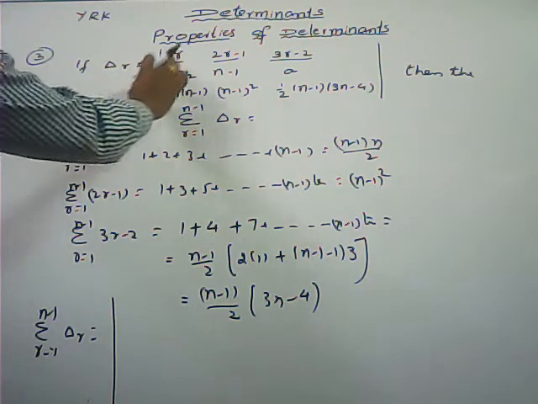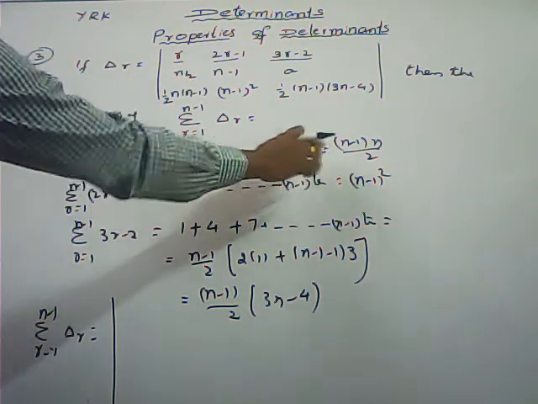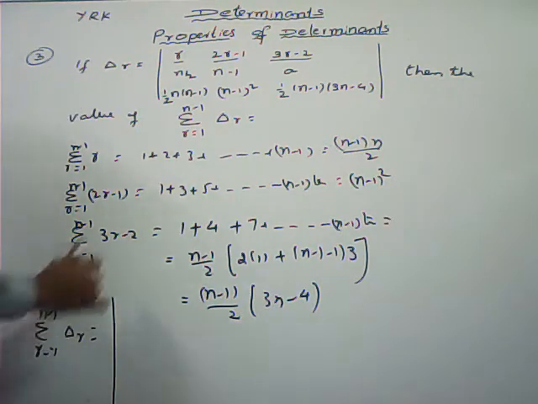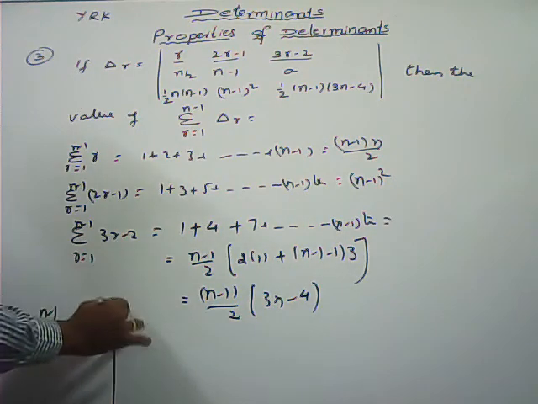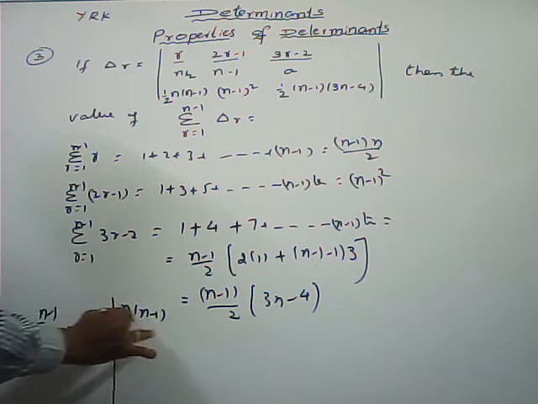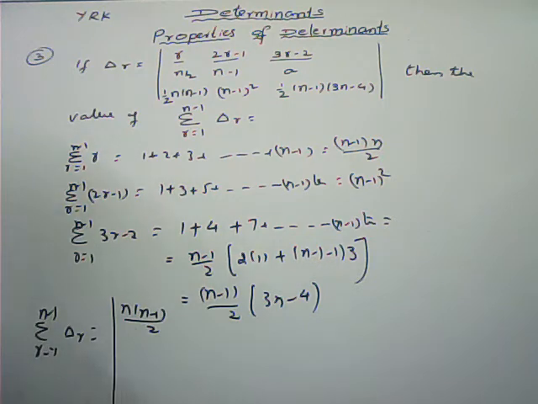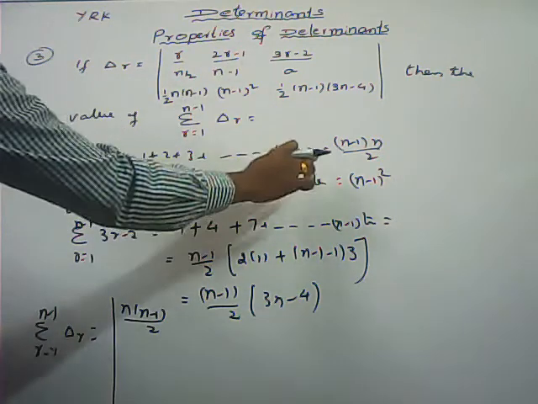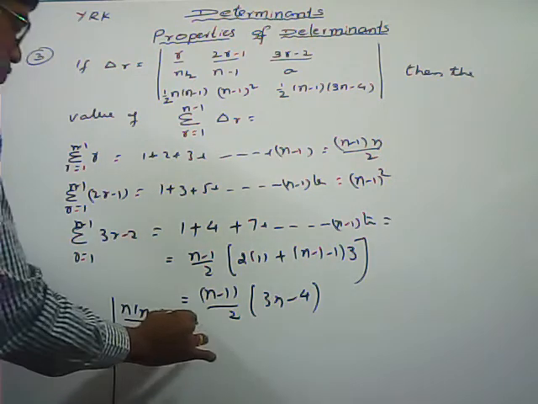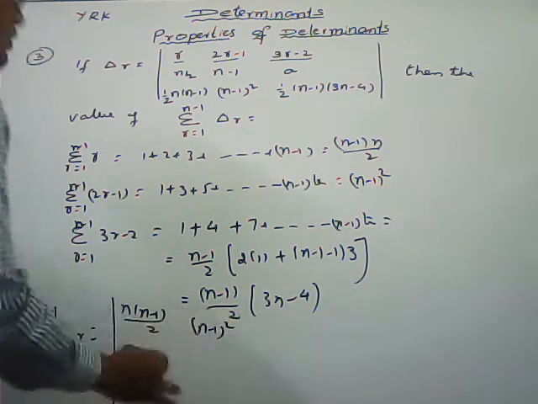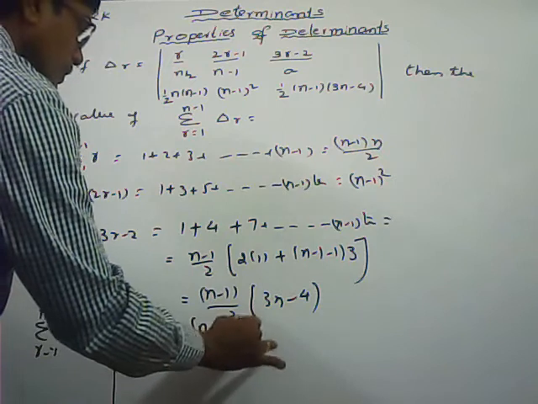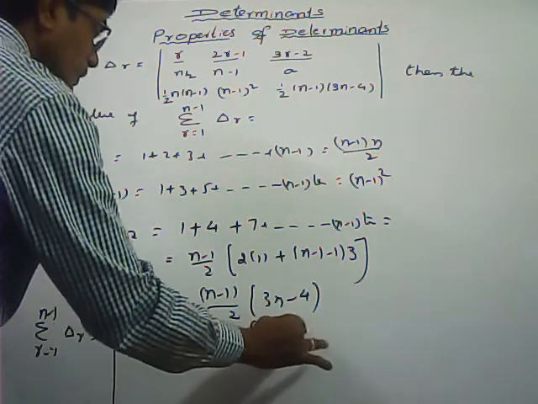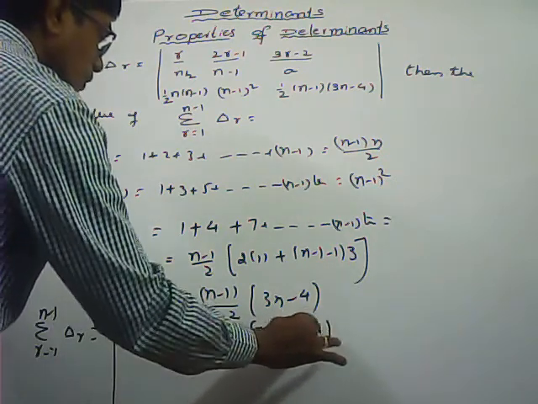Then we can get 1 plus 2 plus 3 plus up to n minus 1. In the first element we can replace it with n into n minus 1 by 2, n into n minus 1 by 2. Here the second element in the first row is n minus 1 whole square. Next, n minus 1 into 3n minus 4 by 2.